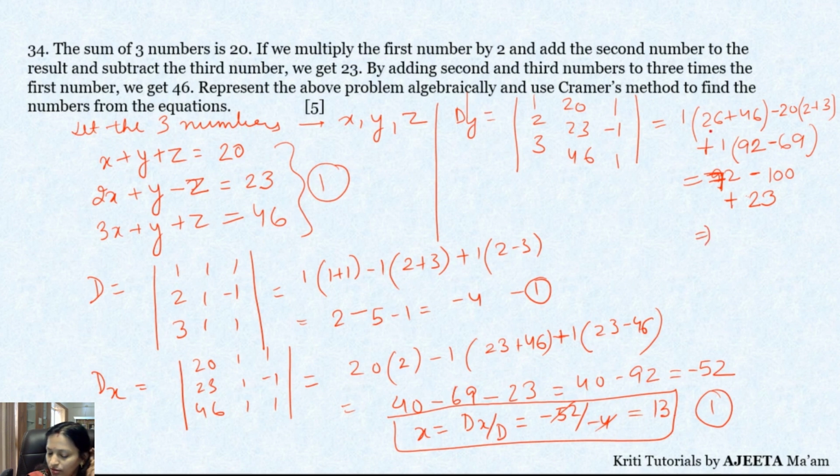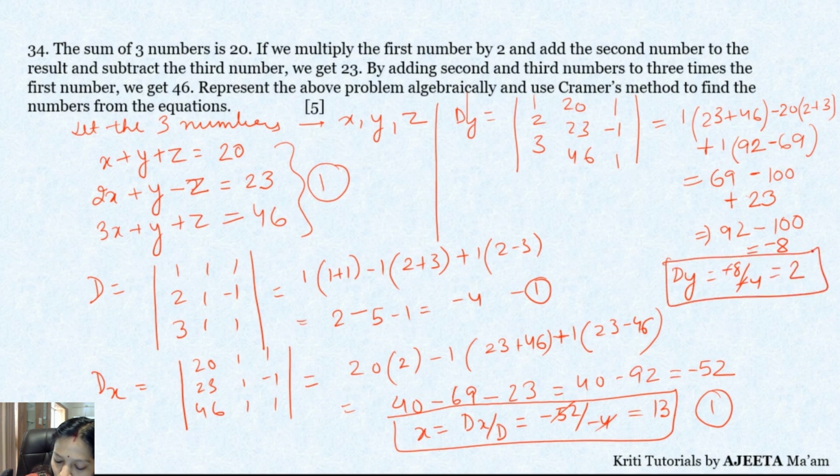So we get 72, and here we get this. So this is 23 I've written. Now this is 69. Okay, now we get 92 and for minus 8. So what do we get for dy? Dy is minus 8 upon minus 4, that's 2. So 1 mark for this.